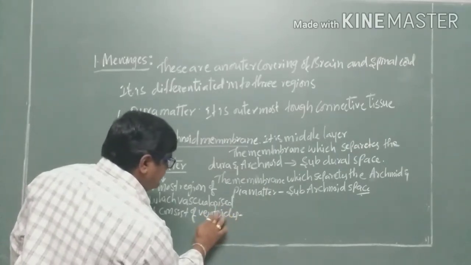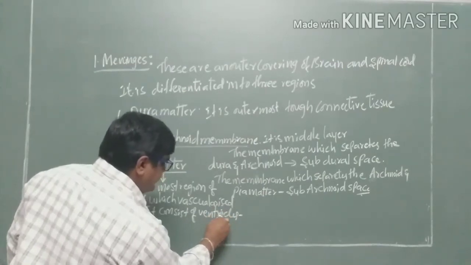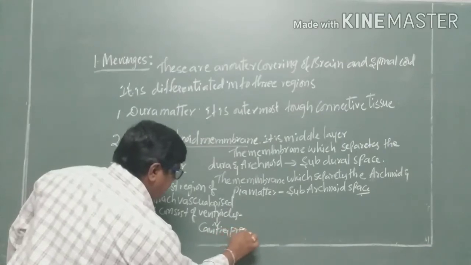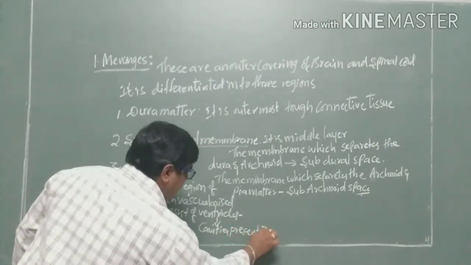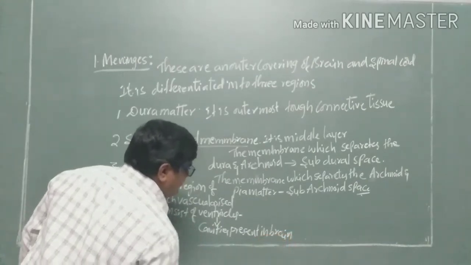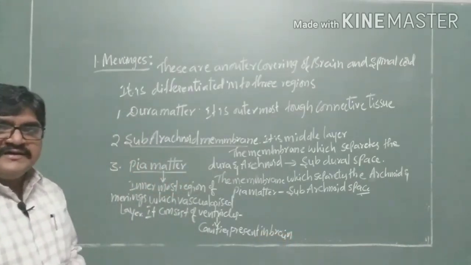Here ventricles means the cavities present in the brain and spinal cord. So those cavities which are present in the brain are called the ventricles.